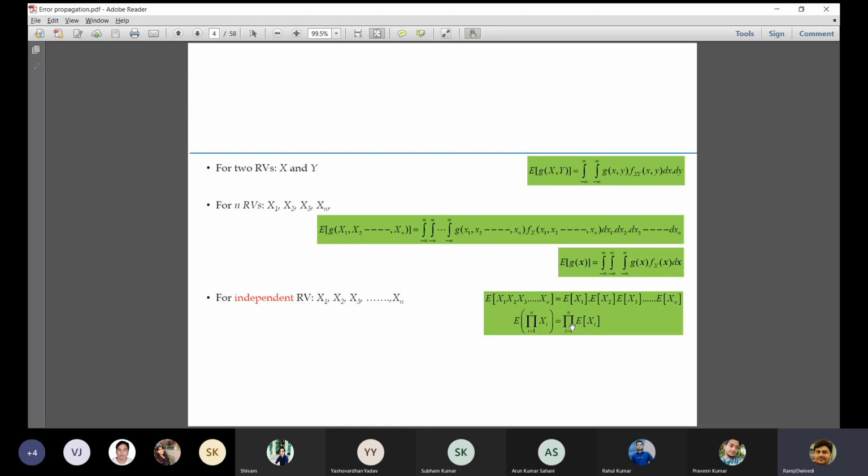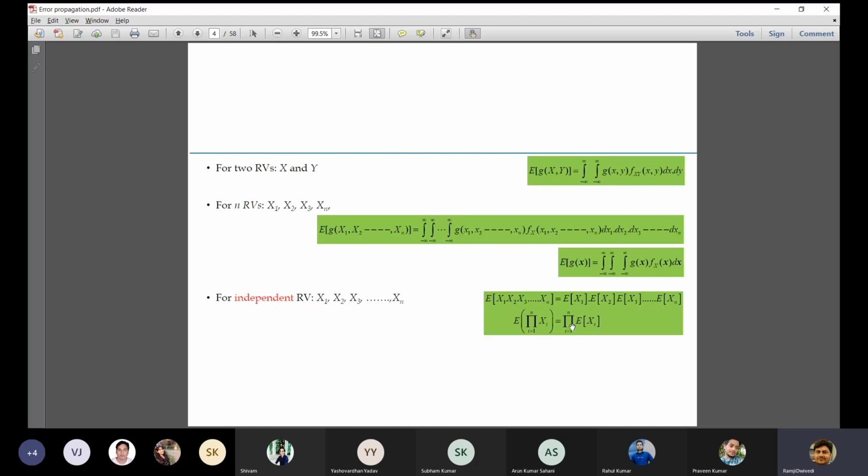Just like in the case of probability, the combined probability is the multiplication of the individual probabilities. So similarly here, the notation for multiplication is coming, and the expectation of x1, x2, x3, x4, and xn is given by this. So, very good basic fundamentals.